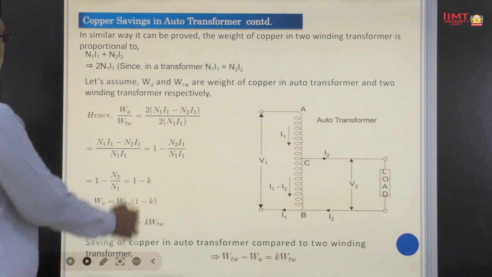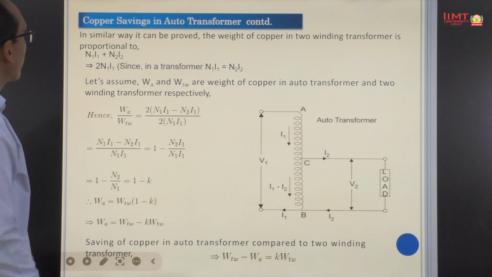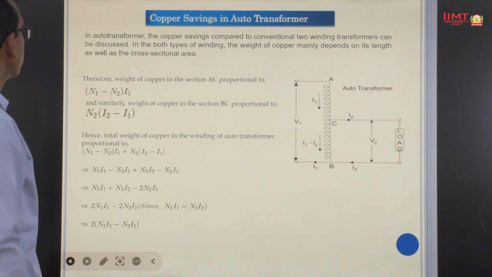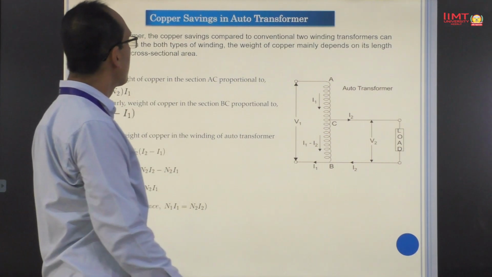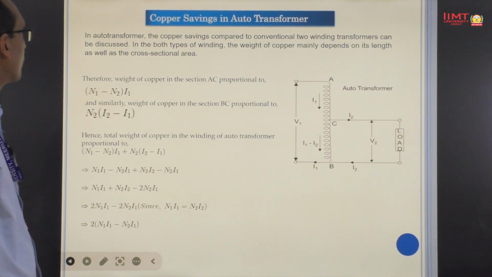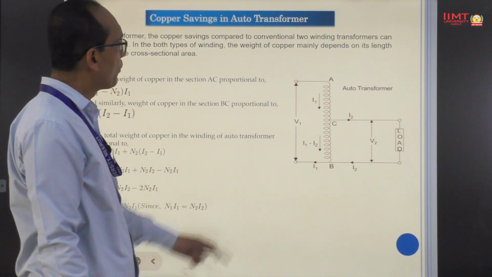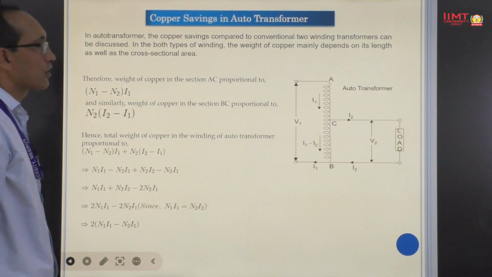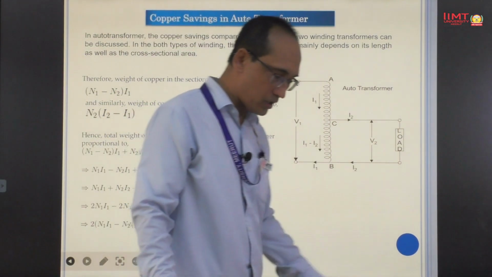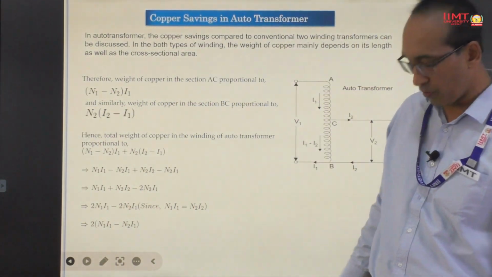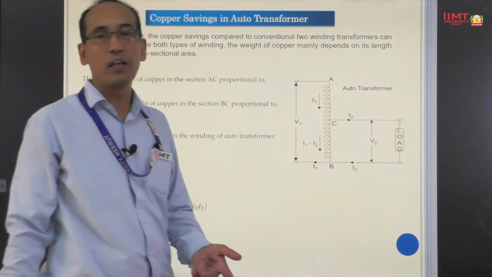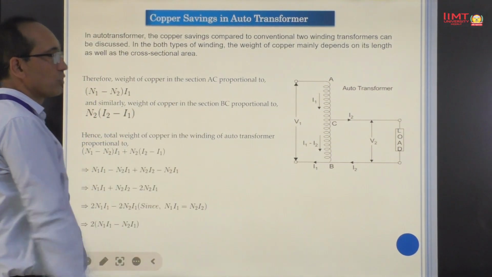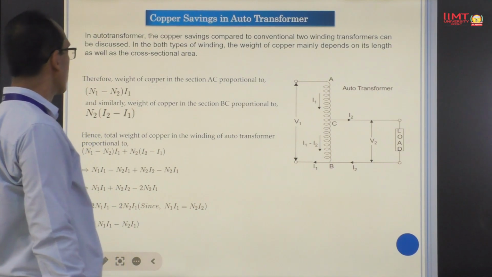First of all, what is N1 I1 and N2 I2? In auto transformer, compared to the conventional two winding transformer, in both types of winding the weight of copper mainly depends on its length as well as the cross sectional area, because weight is proportional to the volume, and volume has two terms, area and length. So saving in copper is proportional to the cross sectional area.